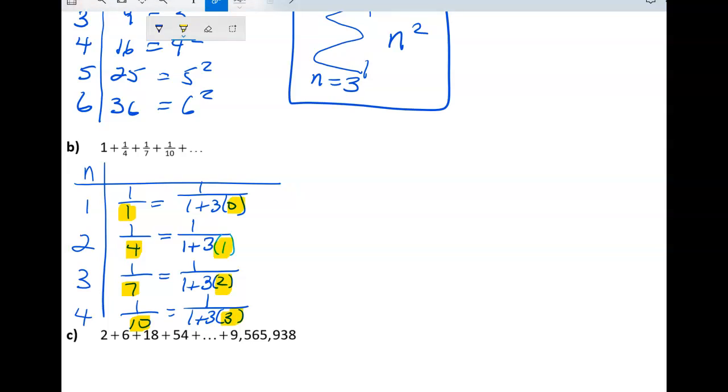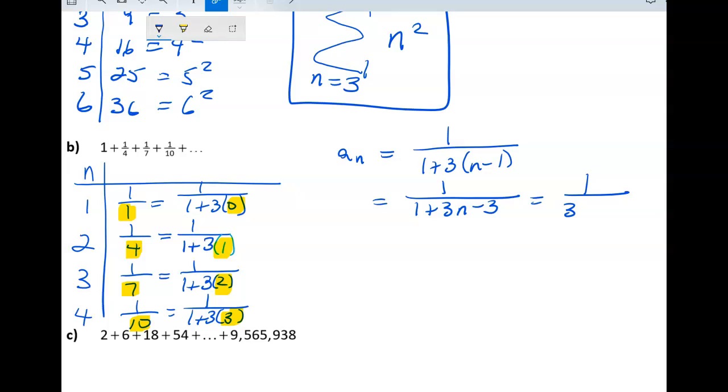So those multipliers of 3 are all 1 less than the term number. So it looks like our general term, a sub n, is equal to 1 over 1 plus 3 times n minus 1, which is 1 over 1 plus 3n minus 3, or 1 over 3n minus 2. So written in sigma notation, this is the sum as n goes from 1 to, and it looks like there's no end to this series, so 1 to infinity, of the general term 1 over 3n minus 2.